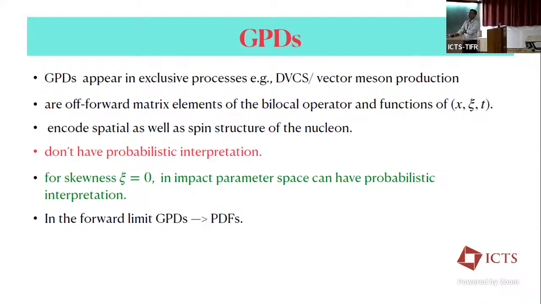They also encode spatial information as well as spin structure of the nucleon, but they don't have a probabilistic interpretation, because they are matrix elements between protons with two different momentum states.